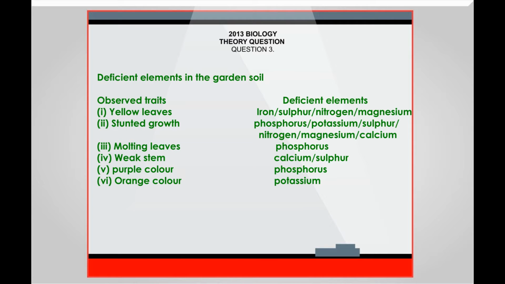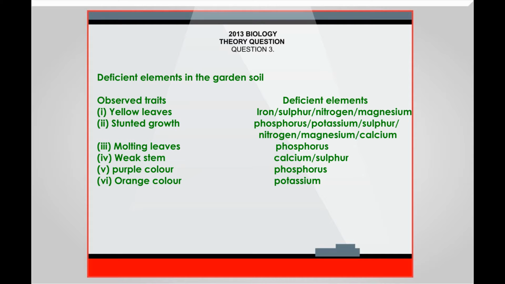Answers. Deficient elements in the garden soil. Observed traits. Yellow leaves. Deficient elements: iron, sulfur, nitrogen, magnesium. Stunted growth. Deficient elements: phosphorus, potassium, sulfur, nitrogen, magnesium, calcium.